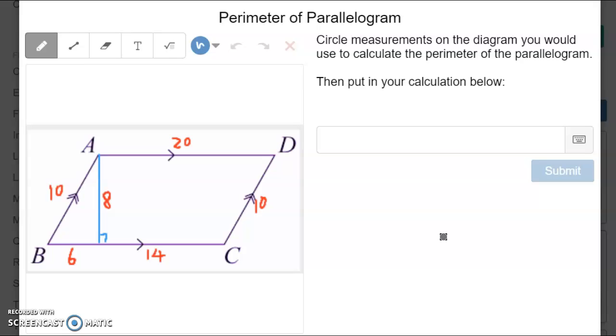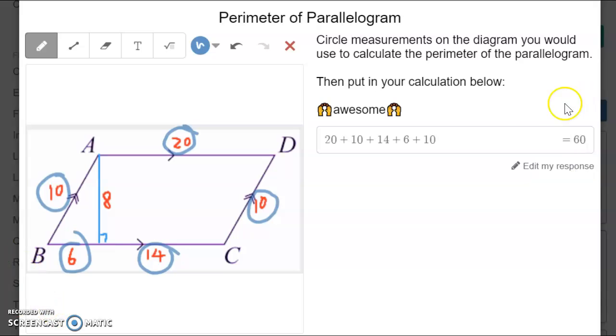That's going to be 20, 10, 14, 6, and 10. Just go around the outside lengths and add those up together. So that's 20 plus 10 plus 14 plus 6 plus 10, and I get the correct response there.